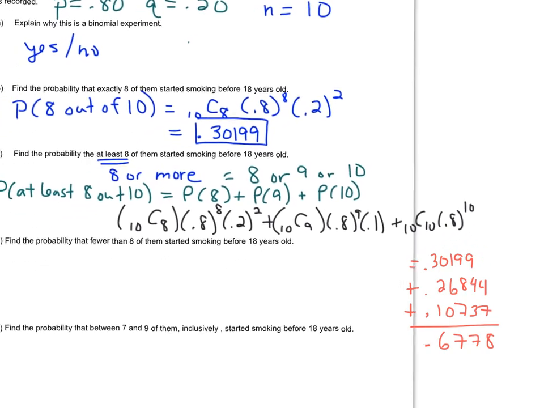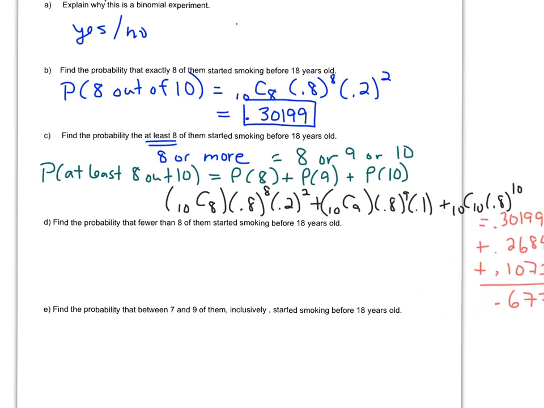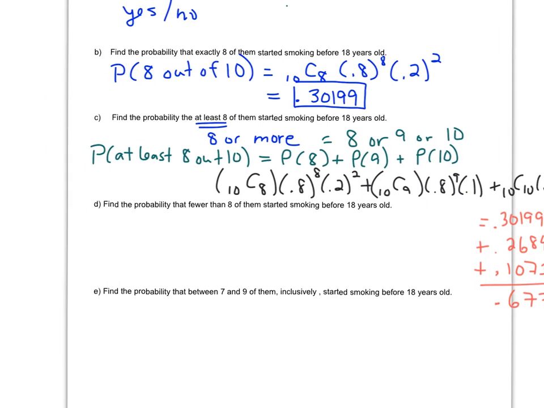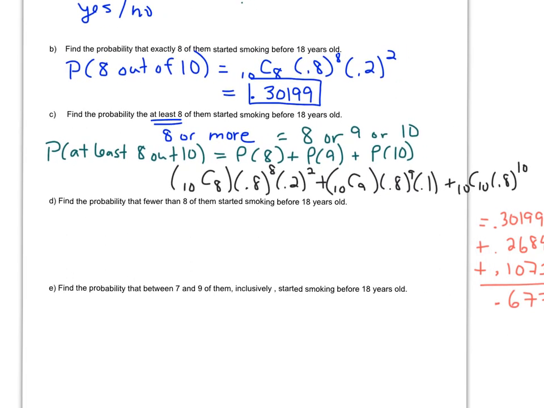Okay, so now if I look at D, D gives us a problem that would be very difficult, but if we use our know-how, we can make it pretty easy. It says find the probability that fewer than 8 started smoking before 18. Well, we just talked about that with the burglar alarm on the previous problem.